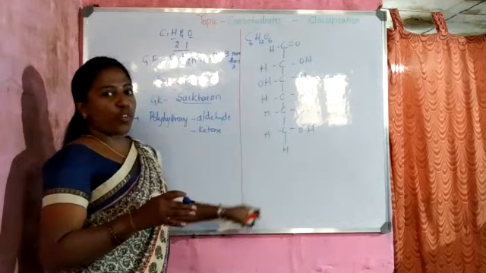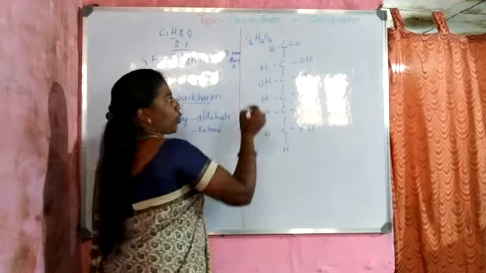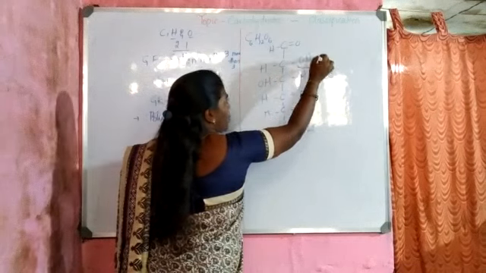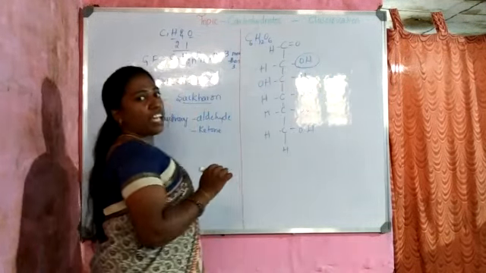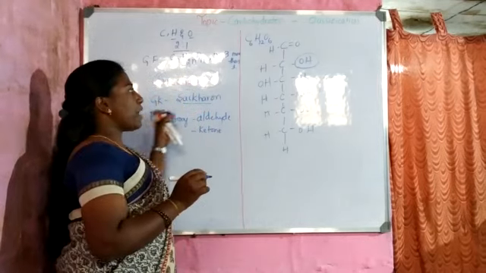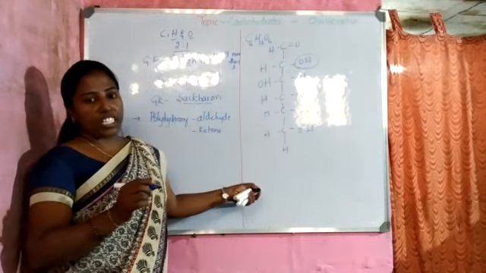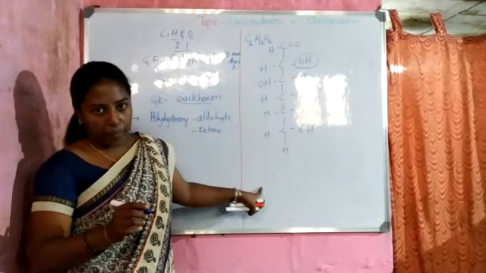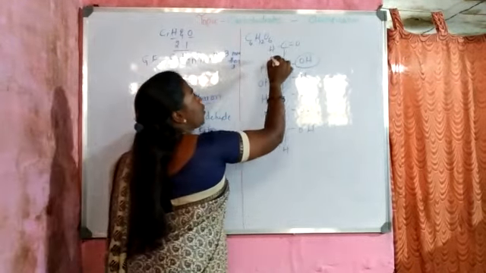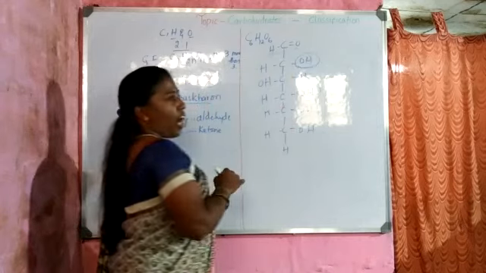When you see the structure of glucose, we come across many functional groups, like the OH hydroxy groups. Many hydroxy groups are found in glucose, hence the name polyhydroxy. And they may be aldehydes or ketones.